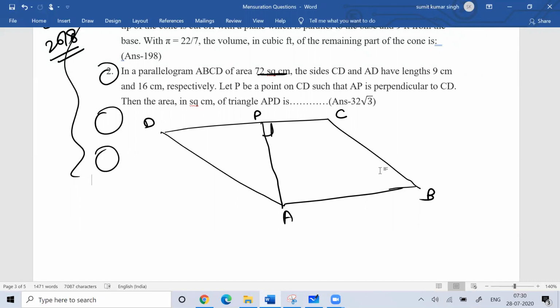On the side CD having the length 9 centimeter, P is the point. So CD is 9 centimeter.